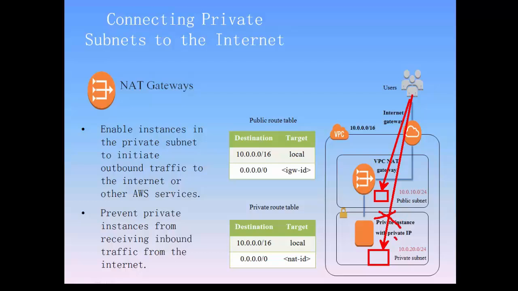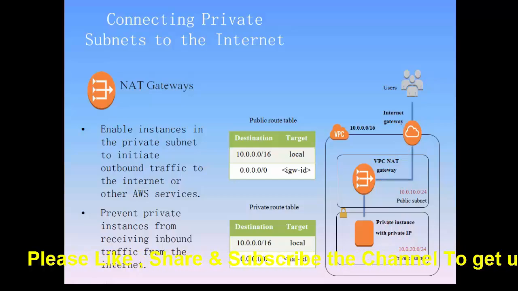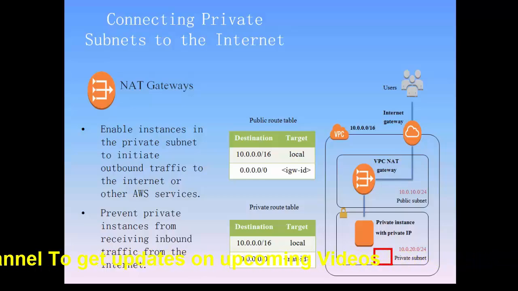So I put it in a private network. Any request starting from here and going to the internet is possible; I want that. But if any outside user wants to access this server, I don't want to allow that. That's why I put it in a private subnet, because it is my secure database server. But still, this machine sometimes needs to go to the internet.